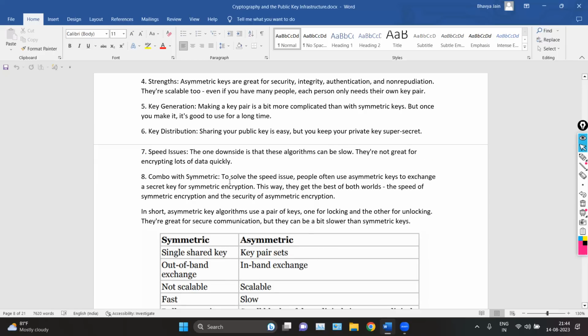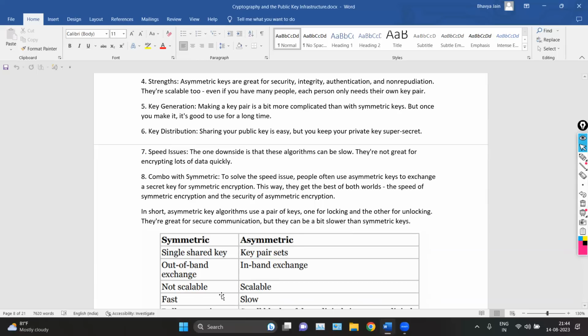So what I can do is use the asymmetric algorithm to encrypt my symmetric key with the receiver's public key, and the receiver will use their private key to decrypt the symmetric key.